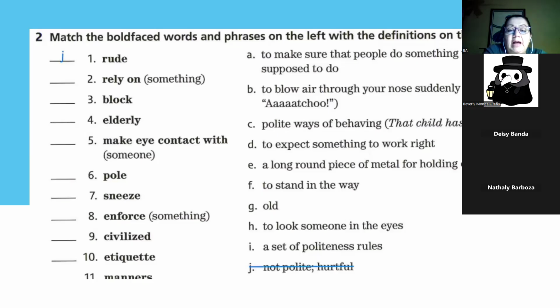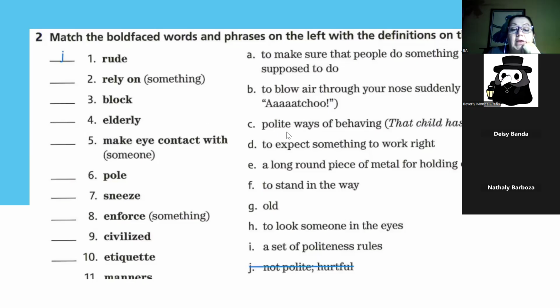Okay, let's do B. To blow air through your nose suddenly, saying achoo. Sneeze. Sneeze, that's to sneeze. Polite ways of behaving. That child has no manners. Number 11, manners. Maybe I'm blocking it, right? Am I blocking it? I'm gonna move this over here. Better, right here, manners at the bottom. All these bars that we have to be moving. Manners is there. Yeah, better.